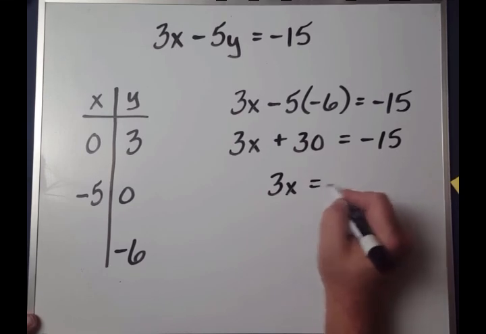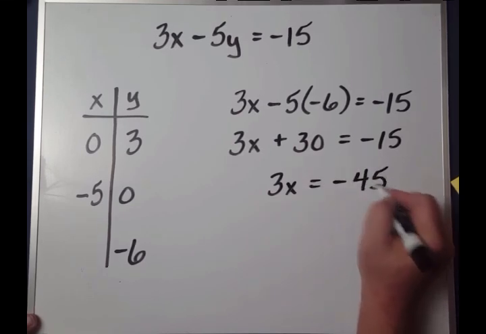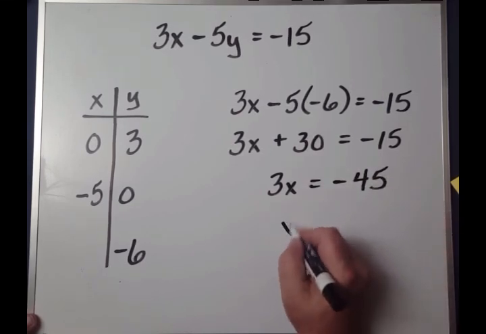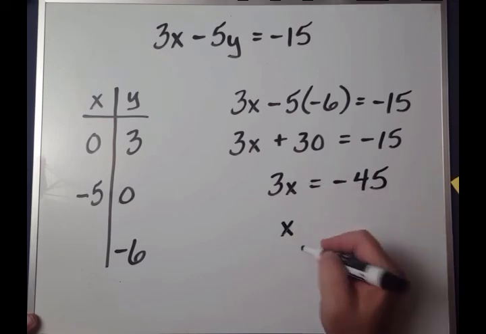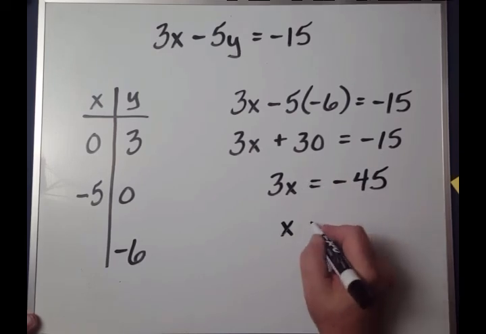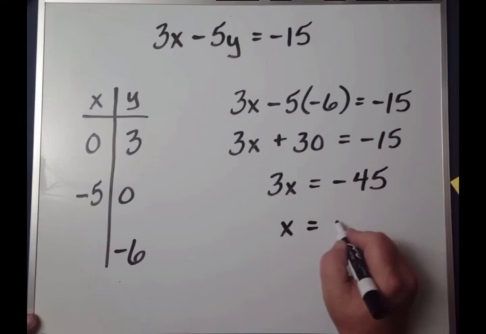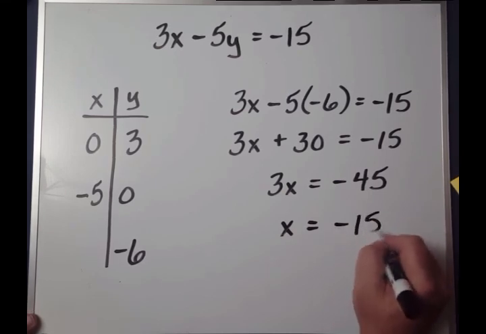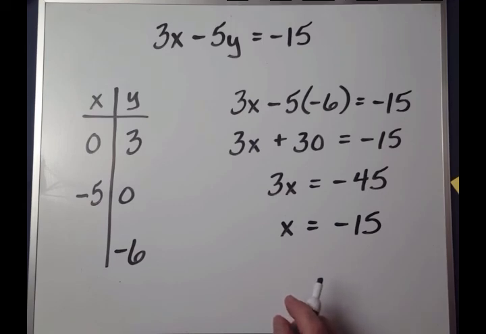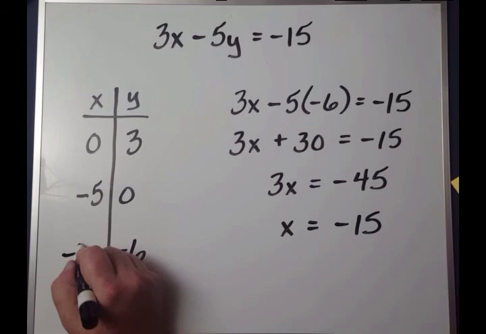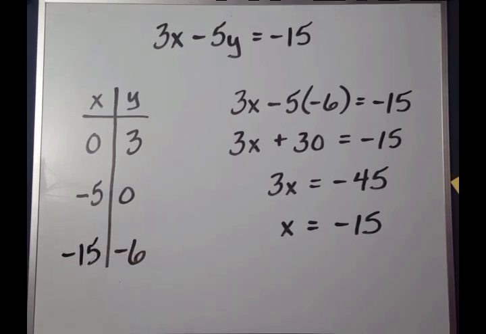Subtract 30 from both sides. Watch your signs. Divide both sides by 3 to get x by itself, and we find that x is negative 15. And so we've completed their table.